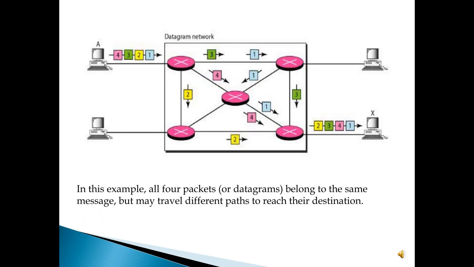Here we can see the architecture of a datagram network, as we saw earlier when we were discussing packet switching. In this example, all four packets or datagrams belong to the same message but may travel different paths to reach their destination.